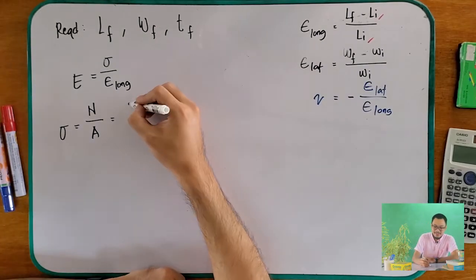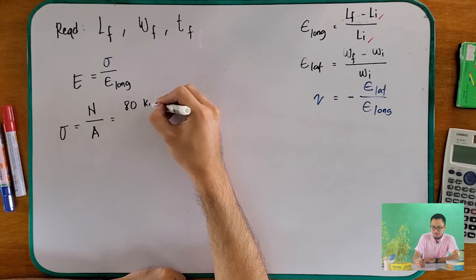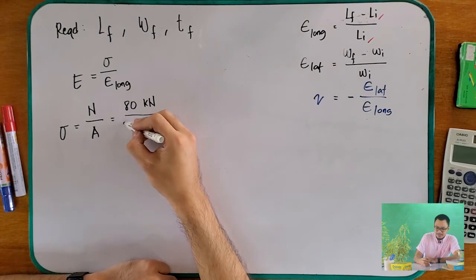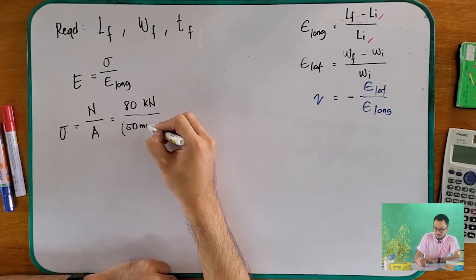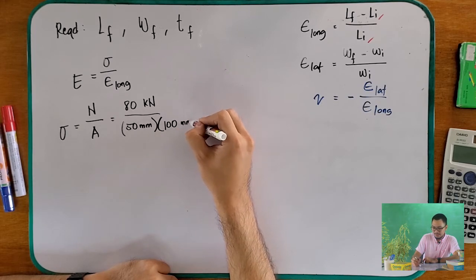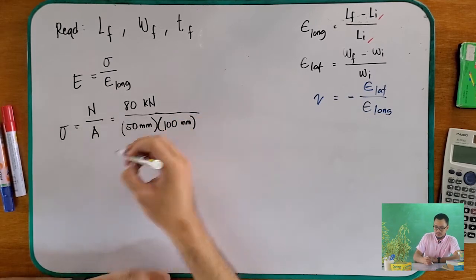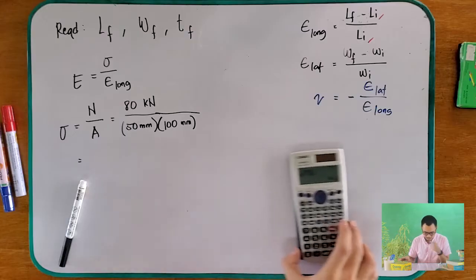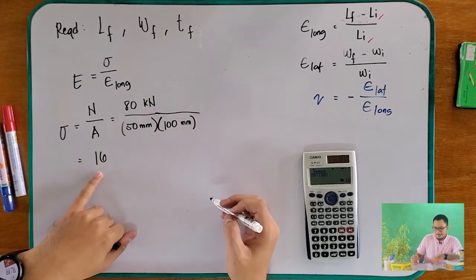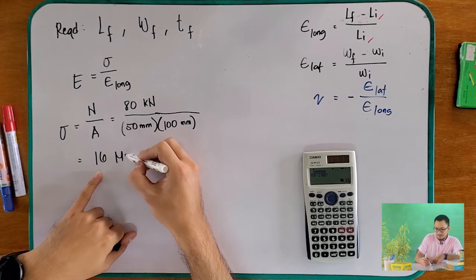Because we have a normal force that is given there, your 80 kilonewtons over your cross-sectional area of 50 millimeters times 100 millimeters. So your answer here is kilonewton per millimeter squared, and that is actually gigapascals. Okay? Your answer here is 16 megapascals.